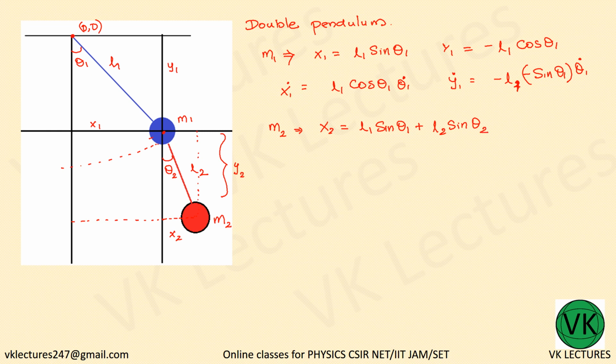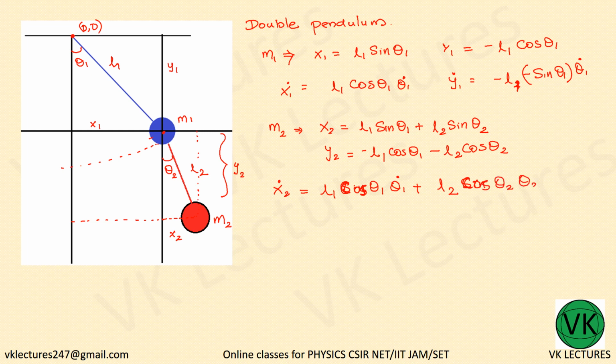Similarly, y2 equals minus L1 cos theta 1 minus L2 cos theta 2, and now we have x2 dot, that's equal to L1 cos theta 1 theta 1 dot plus L2 cos theta 2 theta 2 dot.